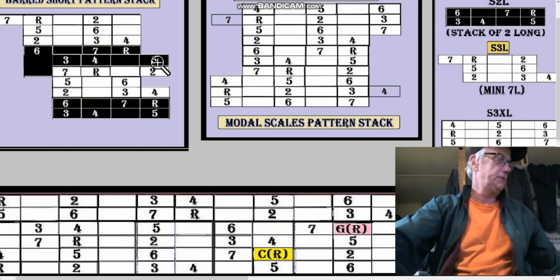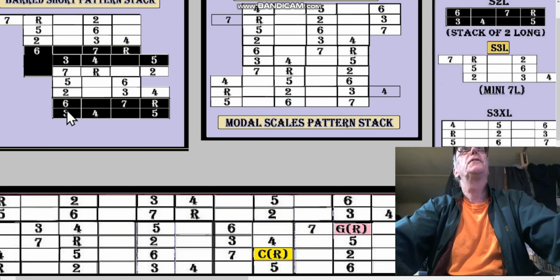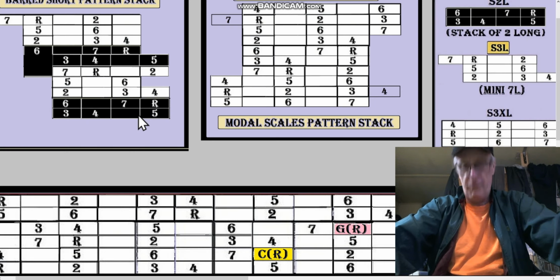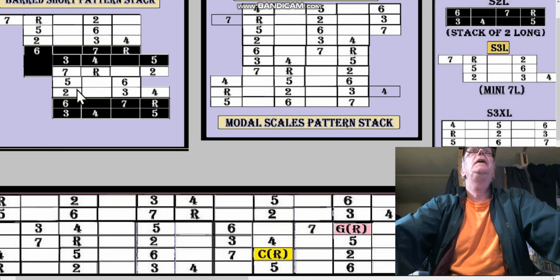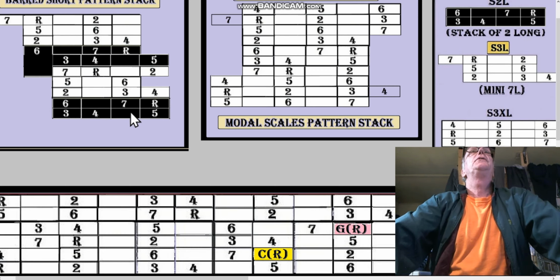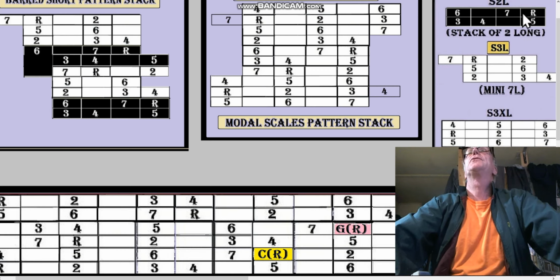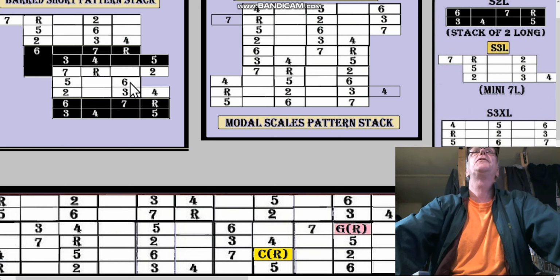This is the first 4 frets, thank you, in the C box there, okay? So we do our S2L here, which is here, 3, 5, 6, root. We go into an S3L, 2, 3, but we're going to do an S3S because we're doing pentatonic, so we go 2, 3, 5, 6.